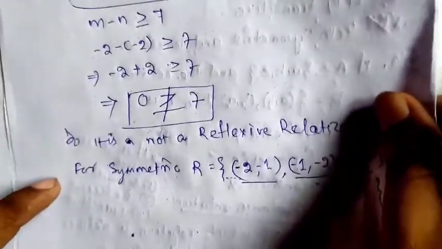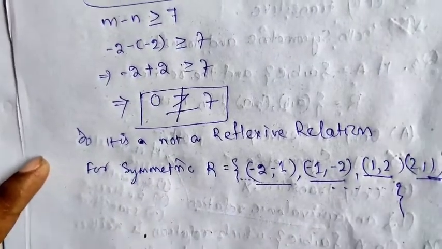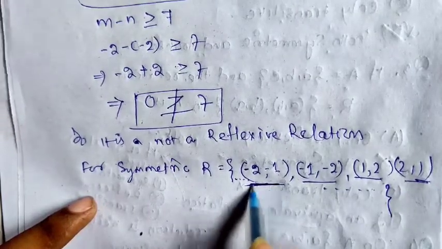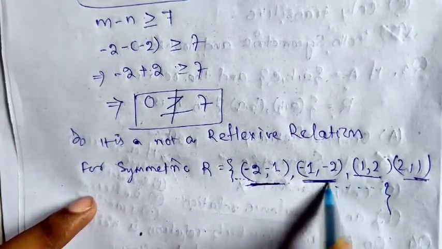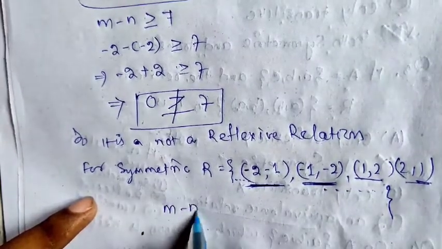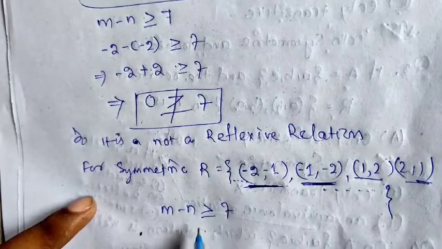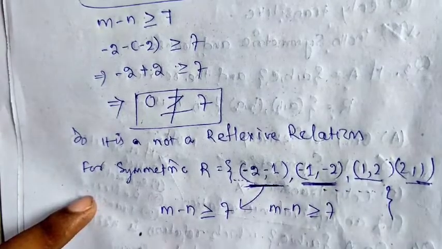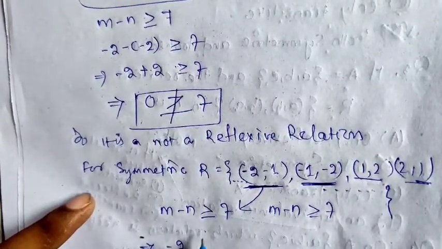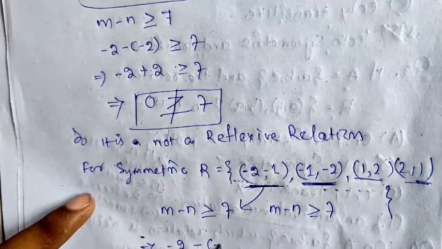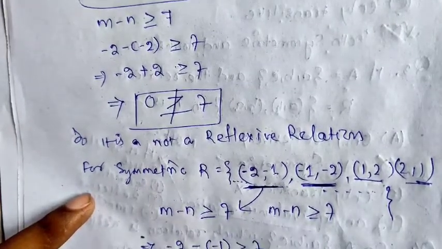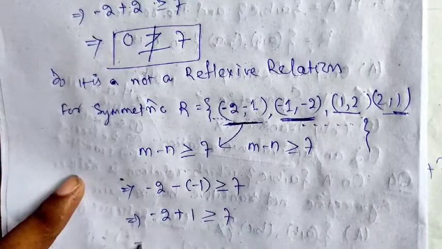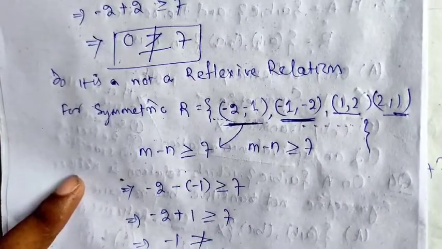Let us choose these two ordered pairs, checking m minus n greater than or equal to 7 for each. For (-2,-1): -2 minus (-1) equals -2 plus 1, which is -1, which can never be greater than or equal to 7.